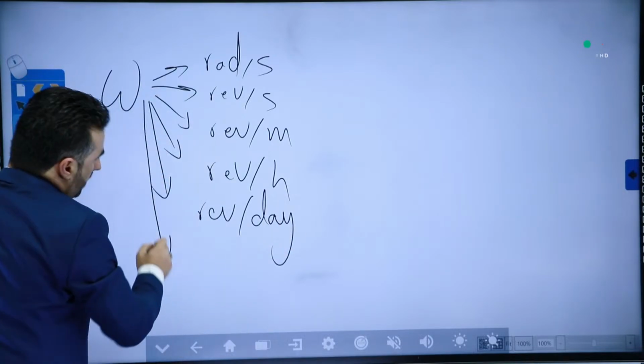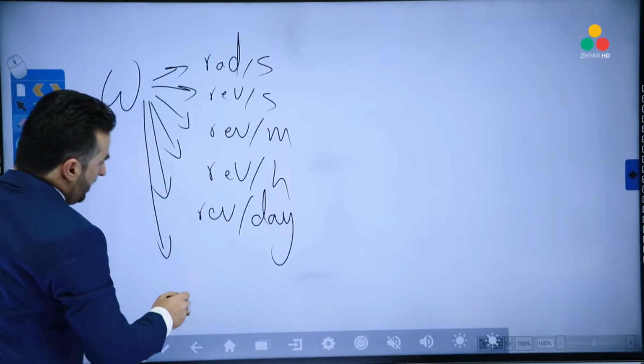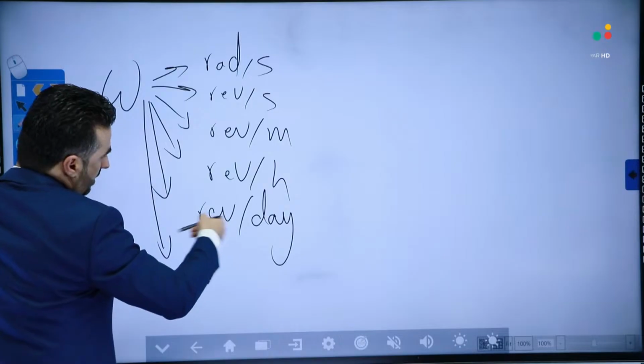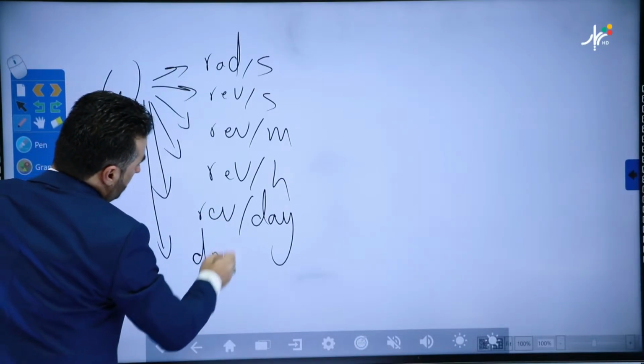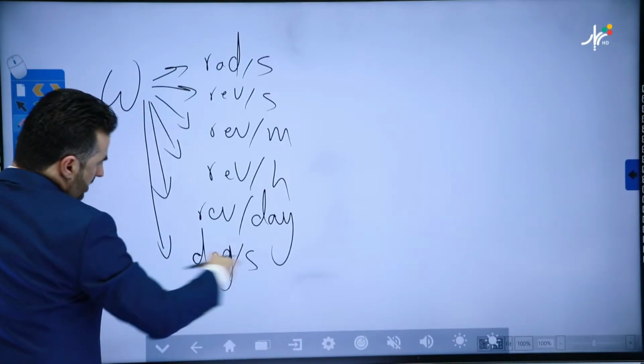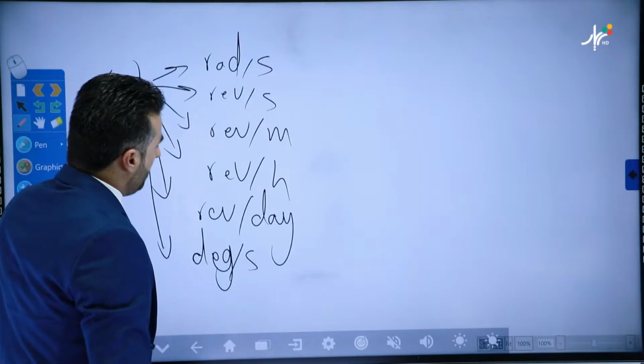One more unit for angular speed, instead of revolutions, could be degrees per second. You don't often see this, but it's good for you to know.